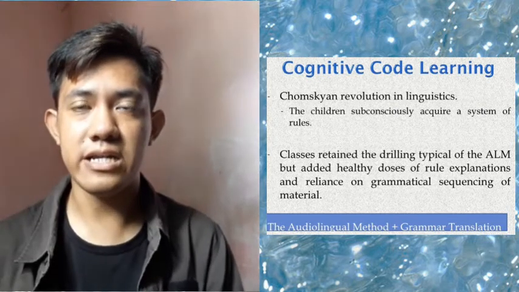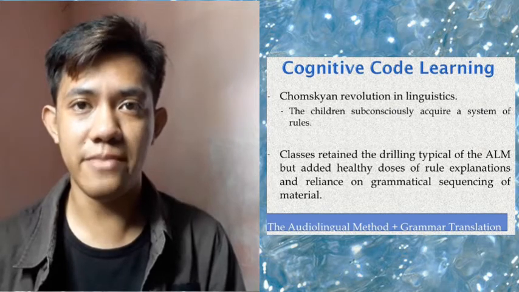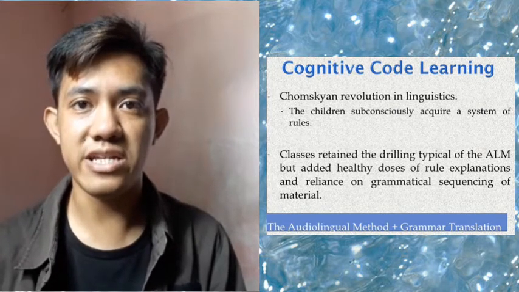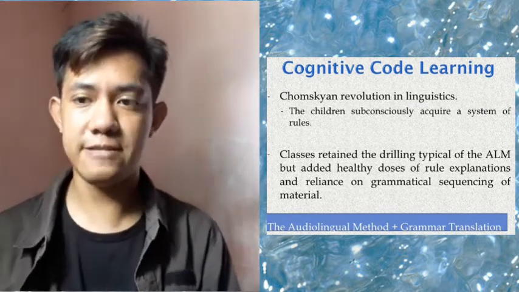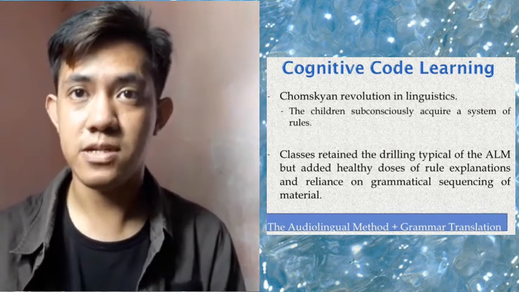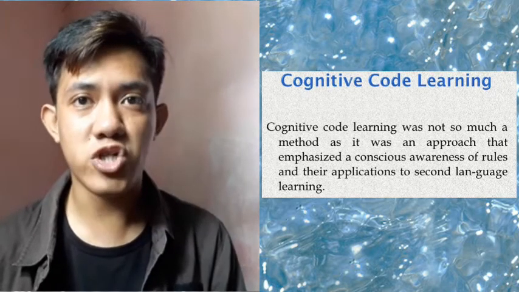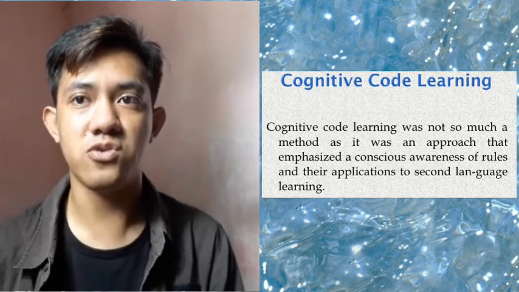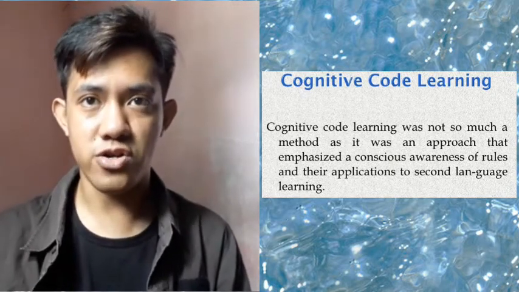So in this cognitive code learning, classes retained the drilling typical of the Audiolingual method, but added healthy doses of rule explanations and reliance on grammatical sequencing of materials. So it's like a combination of the Audiolingual method and grammar translation. Cognitive code learning was not so much a method as it was an approach that emphasizes a conscious awareness of rules and their application to second language learning.